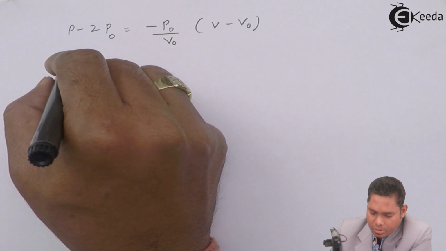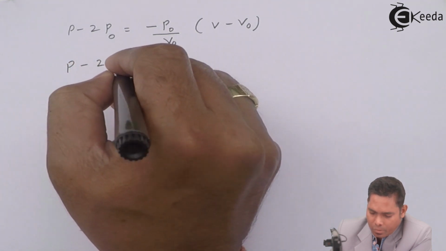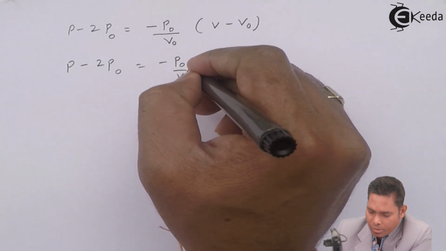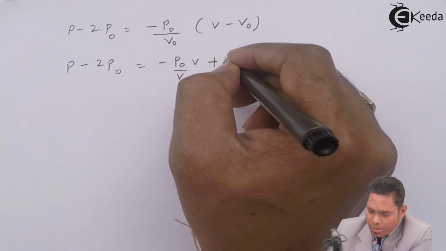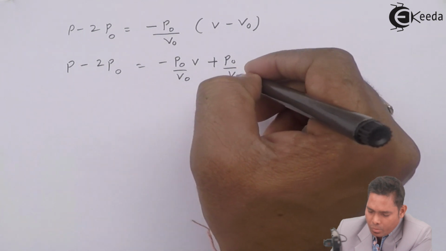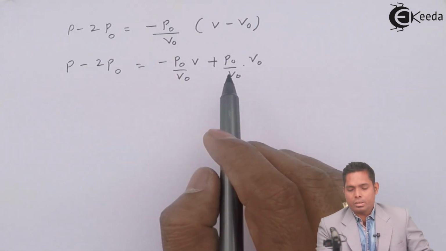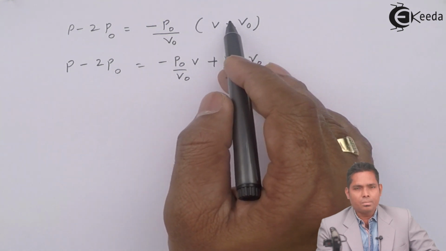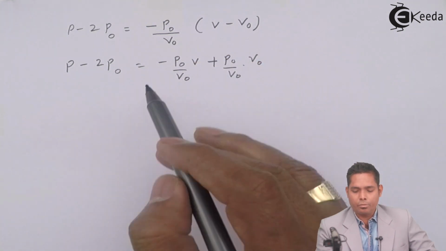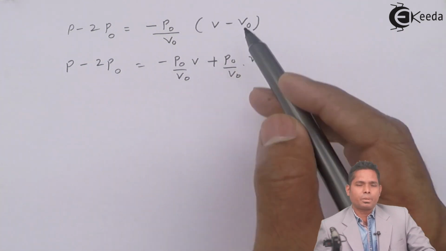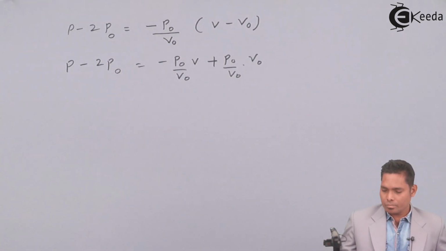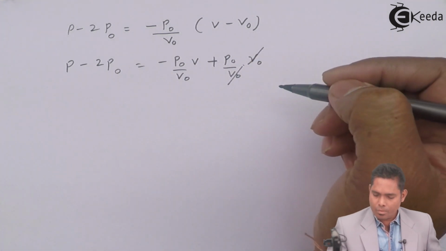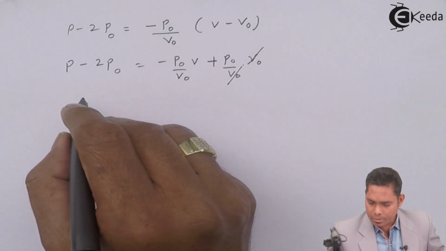So P minus 2P0 equals minus P0 by V0 into V plus P0 by V0 into V0. Here the part is taken inside, so this becomes positive and this becomes negative. I'll just cancel these two.